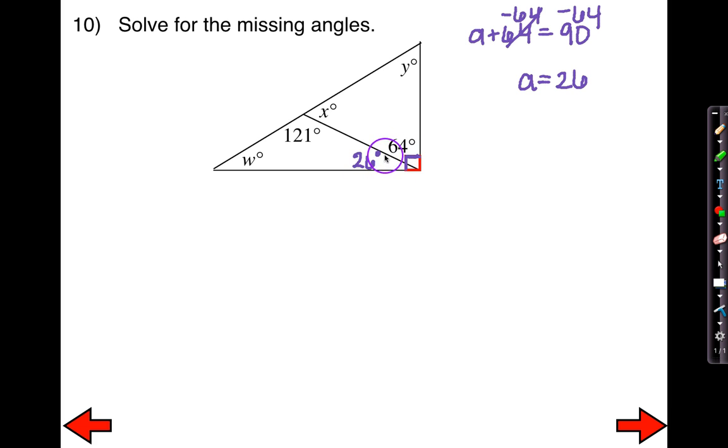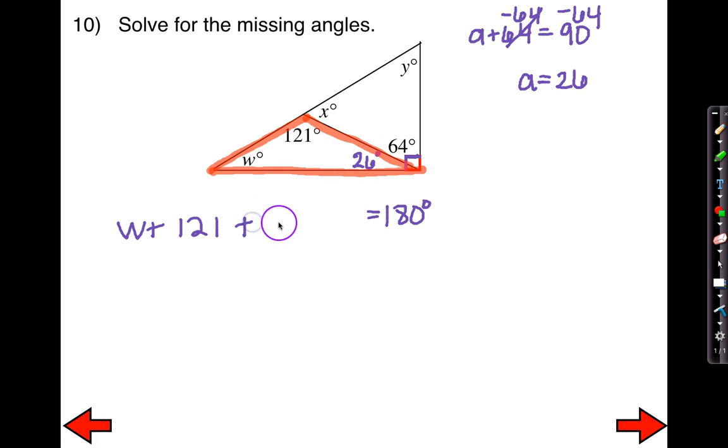Now from here, I can go ahead and extend it to this other triangle. I know, based on the triangle sum theorem, that the interior angles of a triangle add up to 180 degrees. So I'm going to set up my equation: W plus 121 degrees plus 26 is supposed to equal 180 degrees.